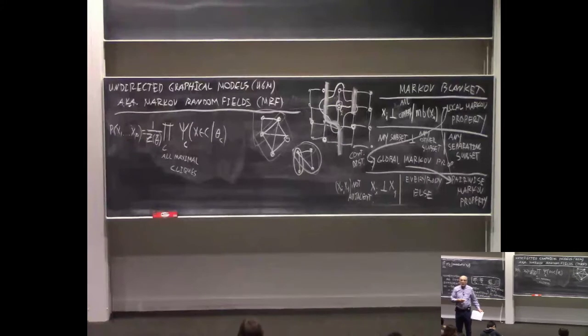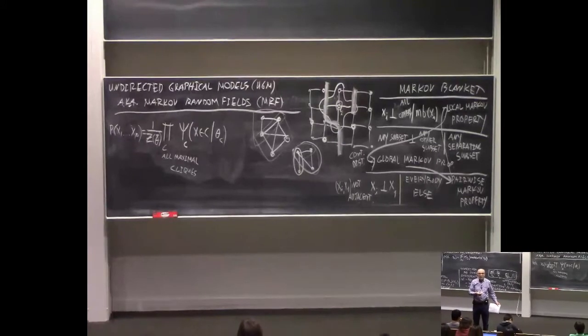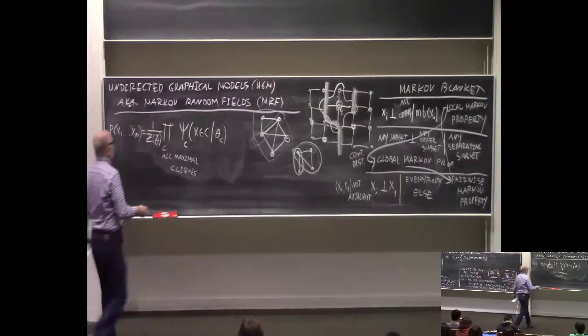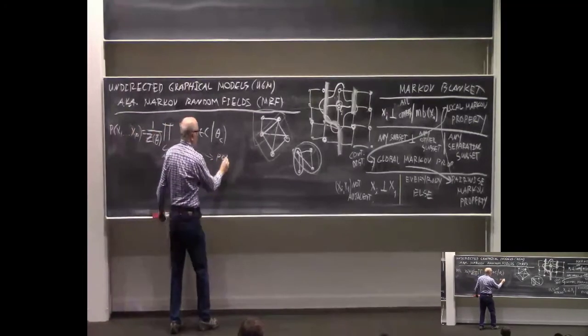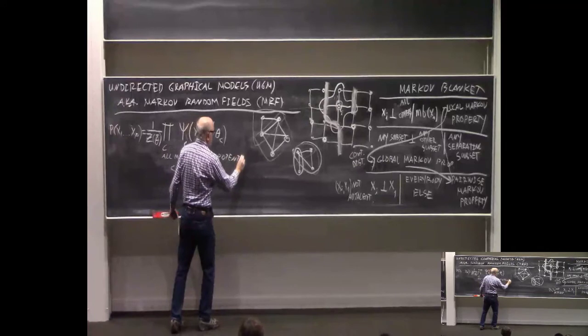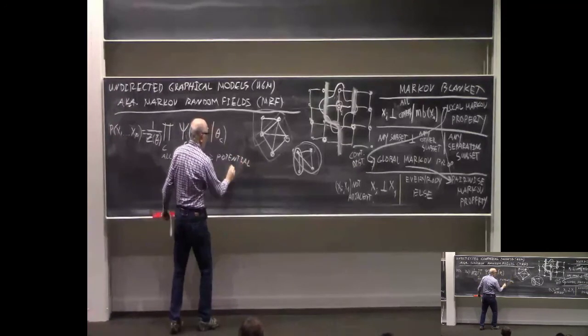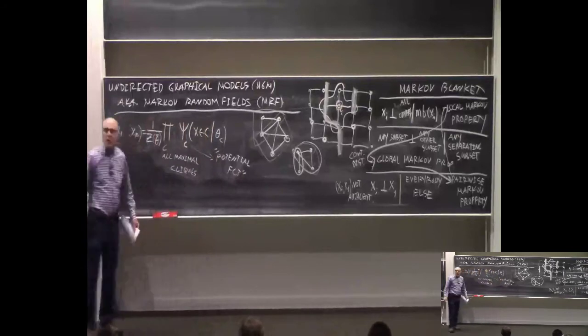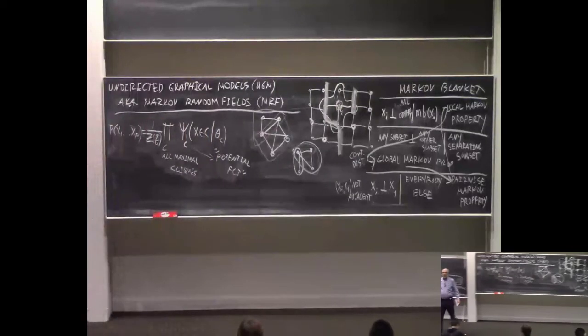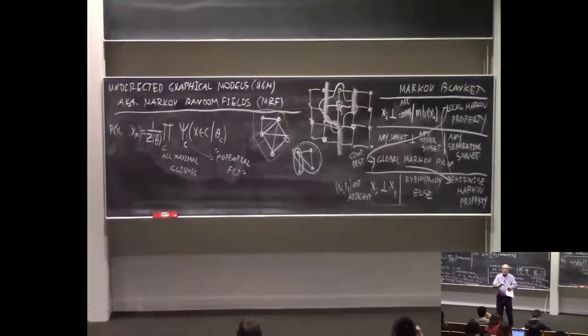It's a product of functions that we call potential functions, one for each maximal clique. We factor the graph into its maximal cliques, remembering that some nodes participate in more than one maximal clique.